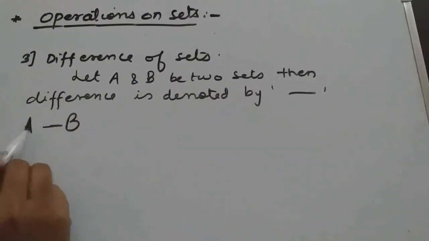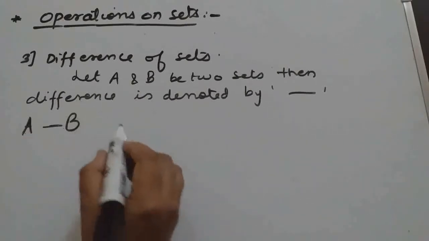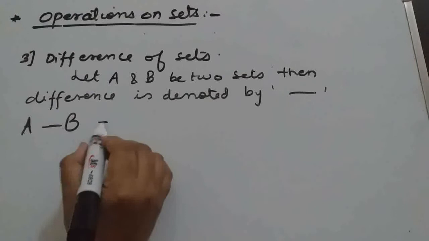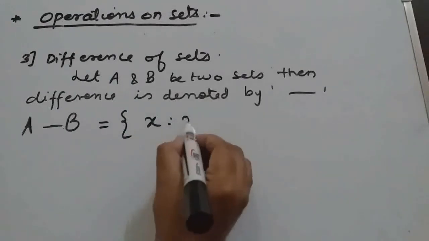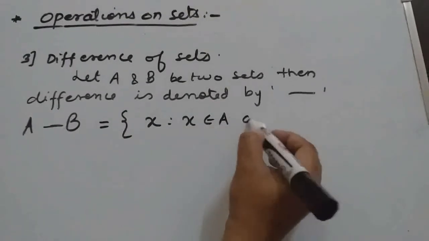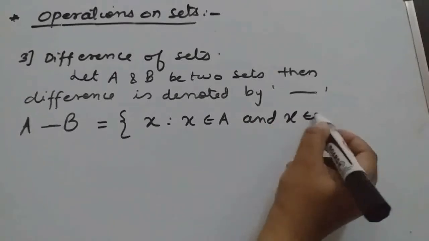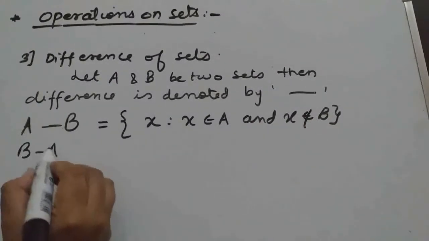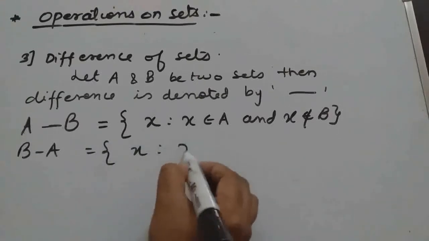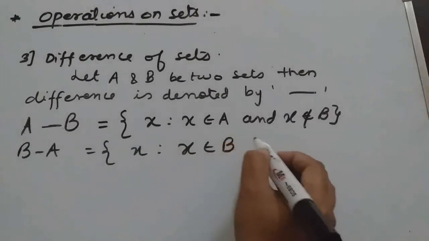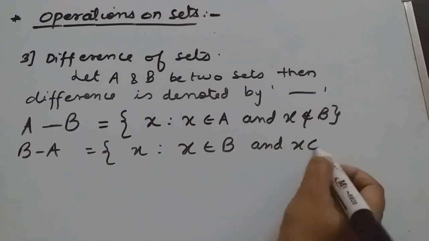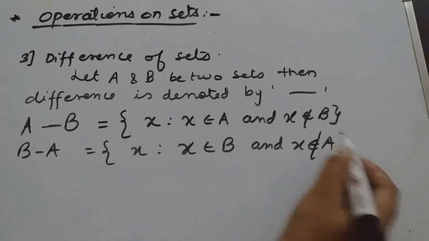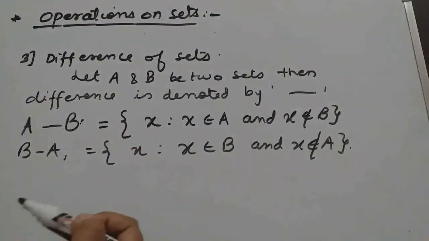Order matters means A minus B means B is subtracted from A. So you can define this set as x belongs to A and x does not belong to B. If B minus A, then it will reverse, that is x belongs to B and x does not belong to A. That's why these two sets are different.